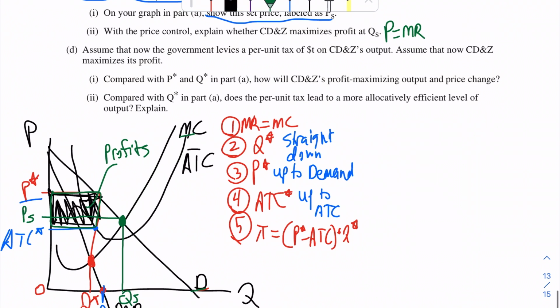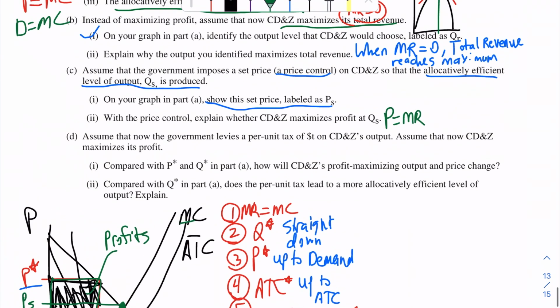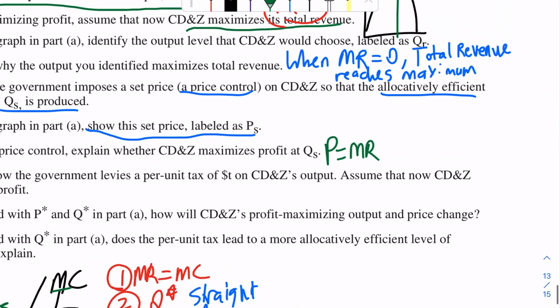And so is your price equal to marginal cost? Yes. So therefore, is your marginal revenue equal to marginal cost? Yes. So for this question right here, explain whether it maximizes profits, your answer would be yes.